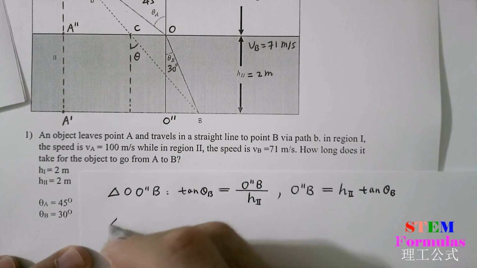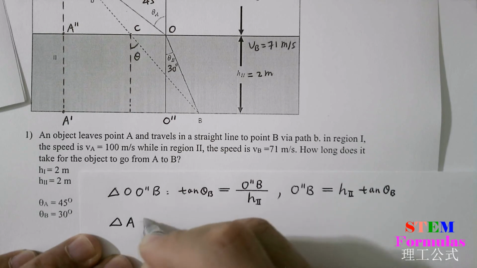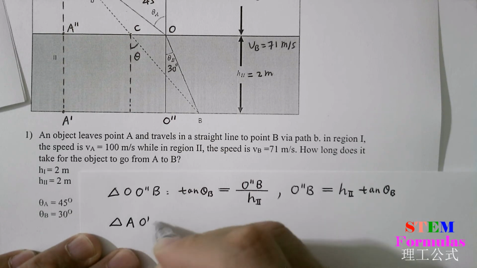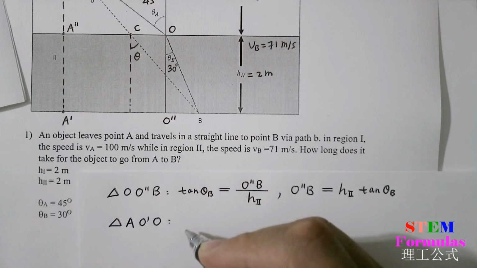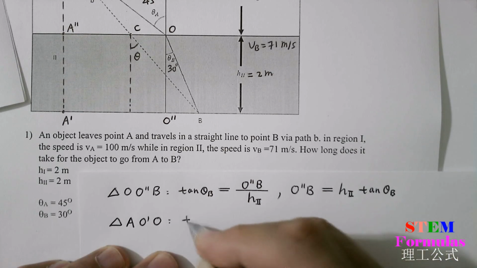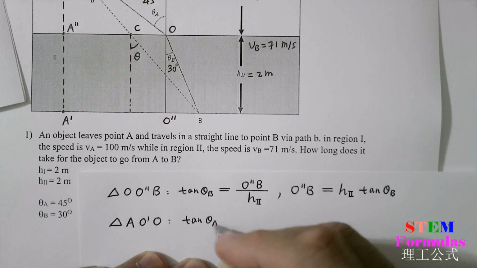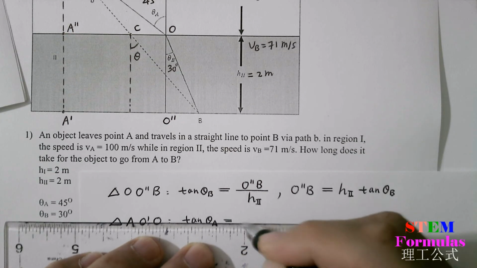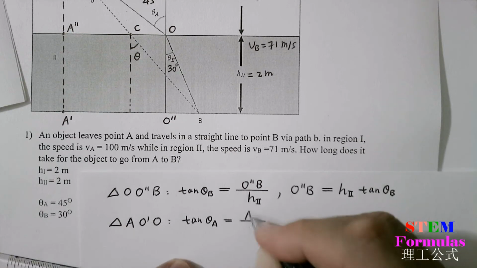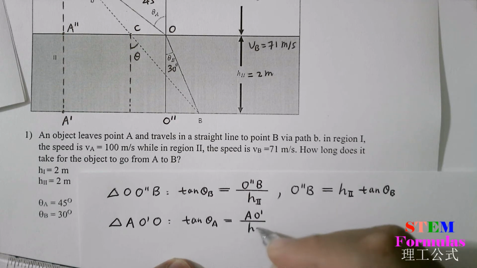I consider triangle A O prime O. Tangent theta A equal A O prime divided by H1.